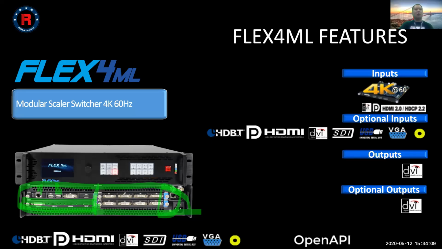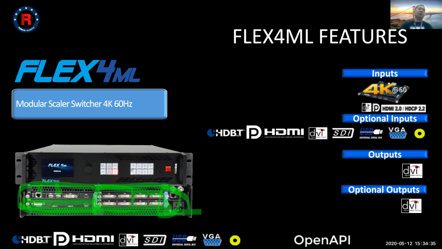On the output, the standard version is with 2x2 DVI outputs. And these 4 DVI outputs are optional for the backup. On the top is the Flash 4ml front panel.